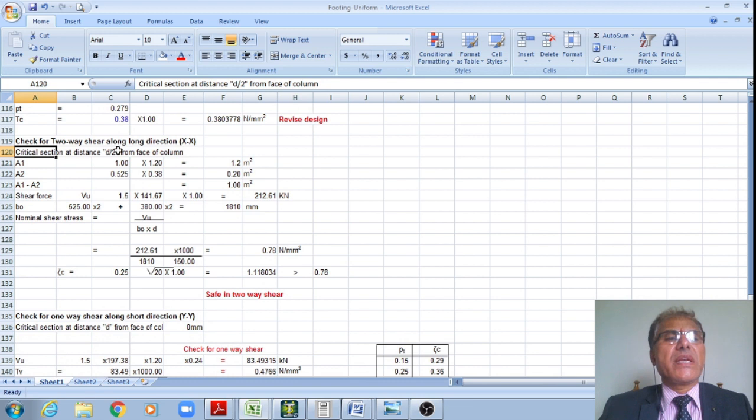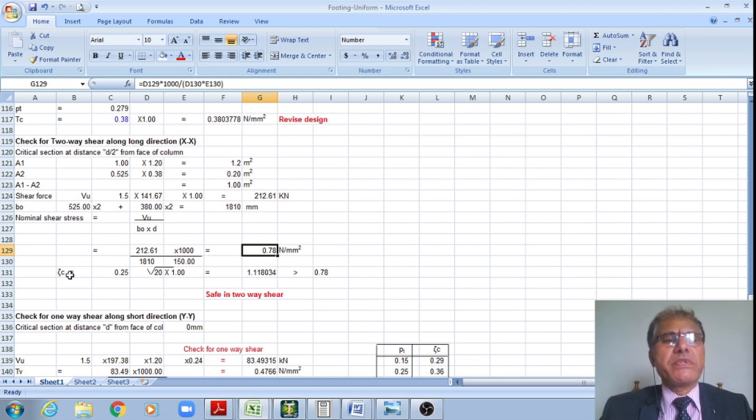Similarly, let us check the two-way shear, right? The critical section is at a distance of d by 2. Now I have calculated the shear force from the two-way shear point of view. It is 212.61 along this long span direction or x-axis direction, divided by the shearing area b0 multiplied by d, which is 1810 multiplied by 150. It now works out to 0.78 Newton per mm square.